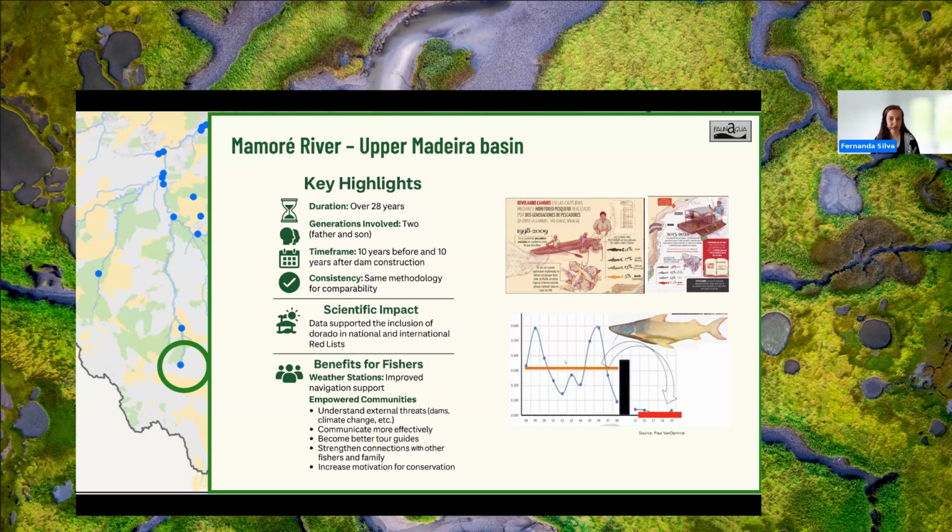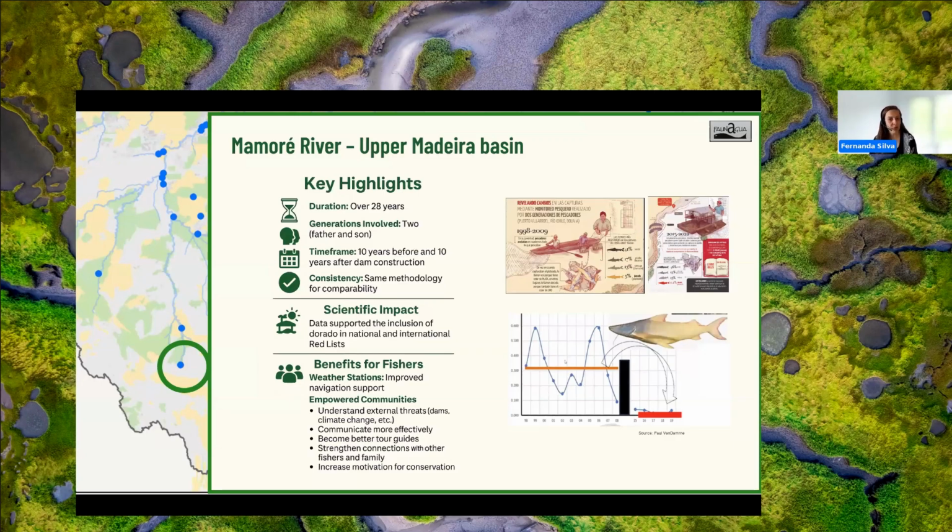This initiative, led by a researcher, Paul Van Damme, from an NGO in Bolivia, is an incredible example of the importance of these monitoring projects, because in this project, fisheries data have been collected by riverine communities for over 28 years. This means the involvement of generations of fishers, where we have examples of father and son collecting data.